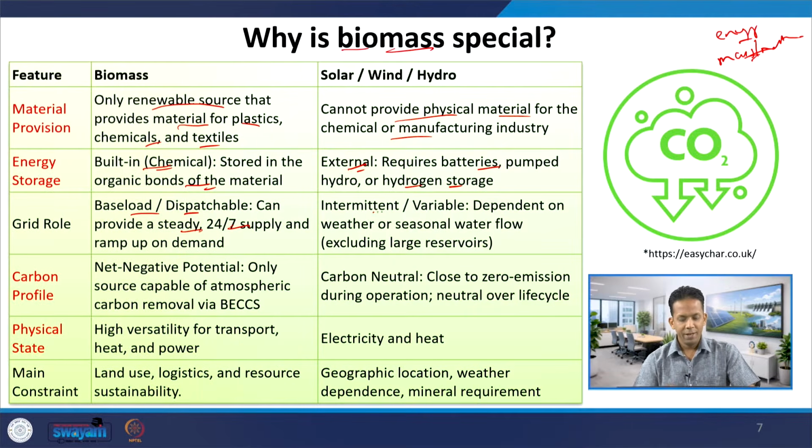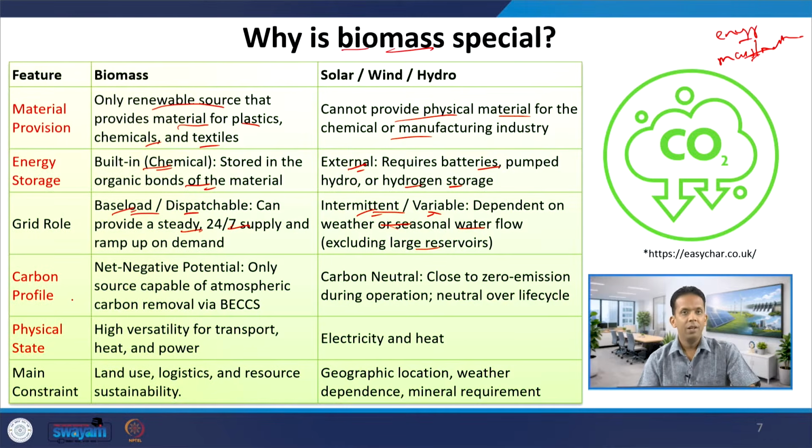Other renewables are intermittent and variable, so they depend on weather or seasonal water flow, excluding large reservoirs. In hydro, when we have huge reservoirs or big dams which store a lot of water, there we have more dispatchable or more reliance on base load. But for small hydro or for solar and wind, it's mostly intermittent and variable.